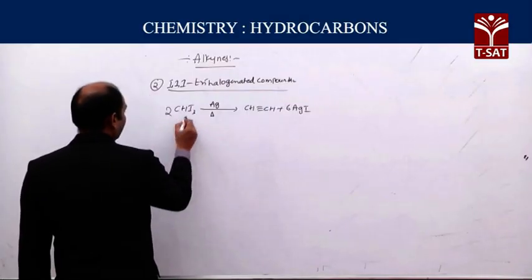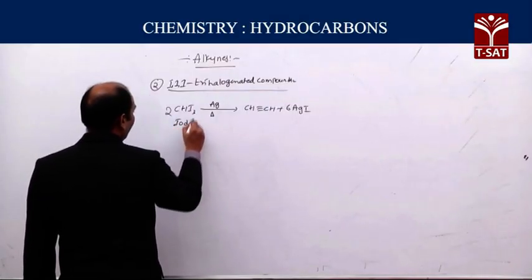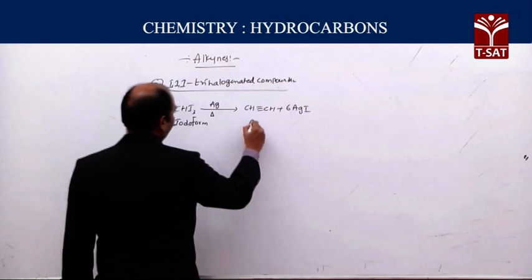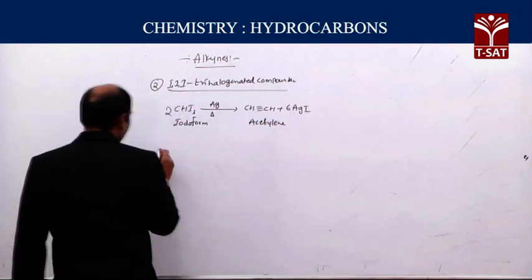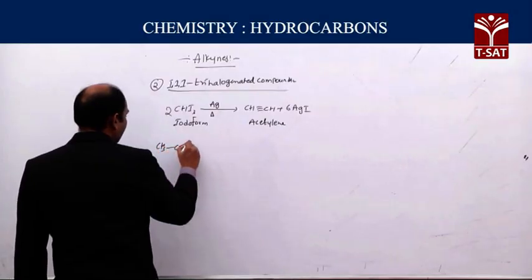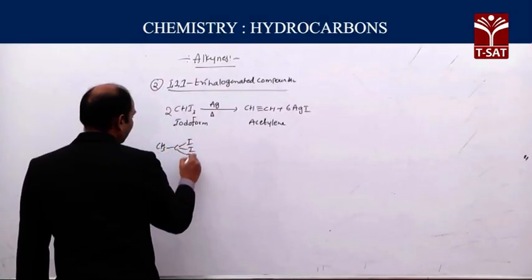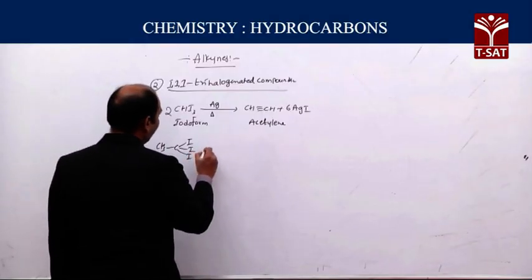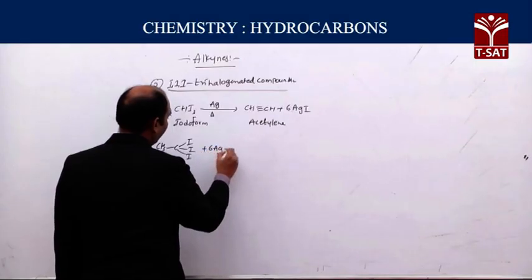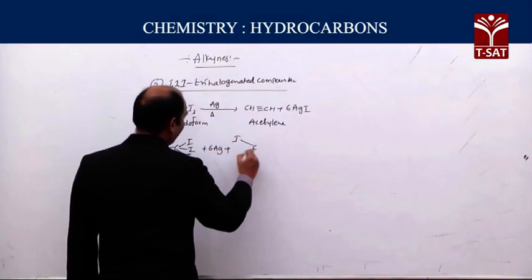So iodoform is converted into acetylene. If we use CH3CI3, this is triiodoethane, when it is treated with silver, take 6 moles of silver and 1 mole of triiodoethane.